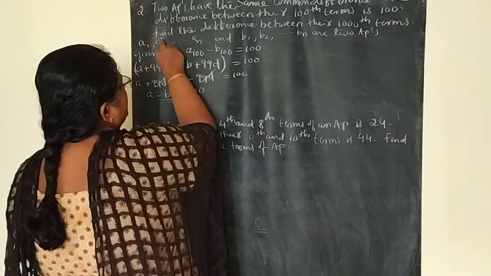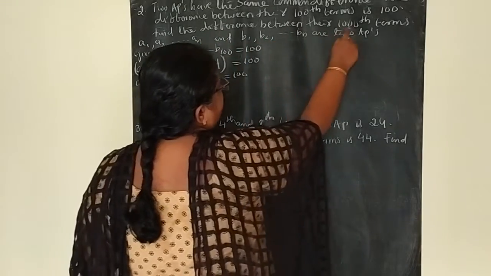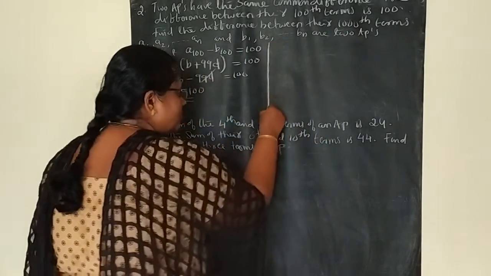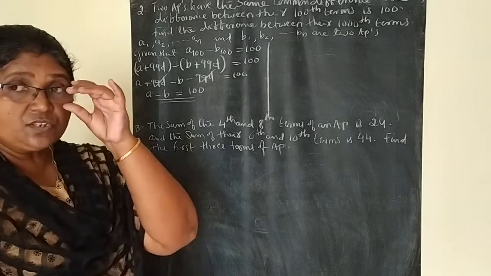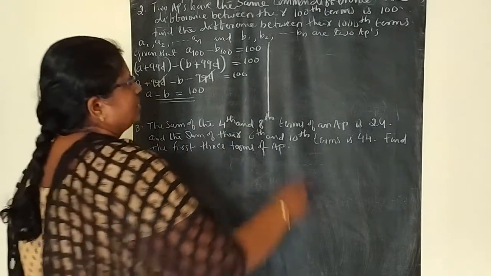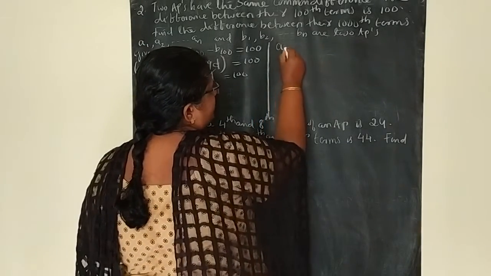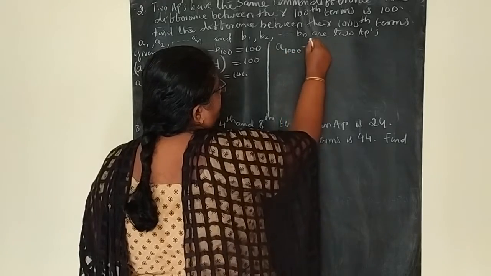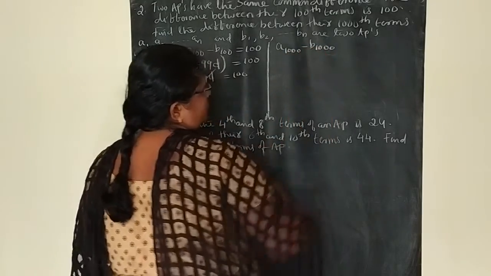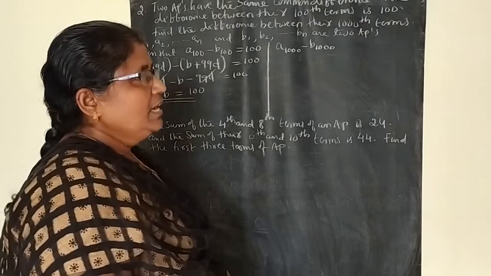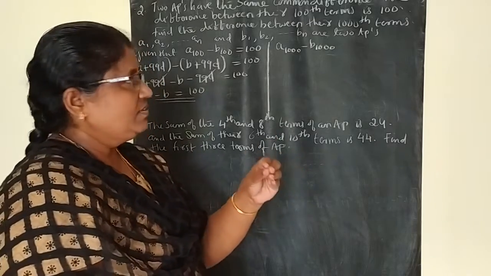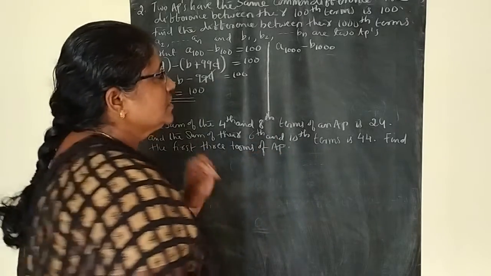Third sentence: find the difference between their 1000th terms. How to write the 1000th term difference? A1000 minus B1000.